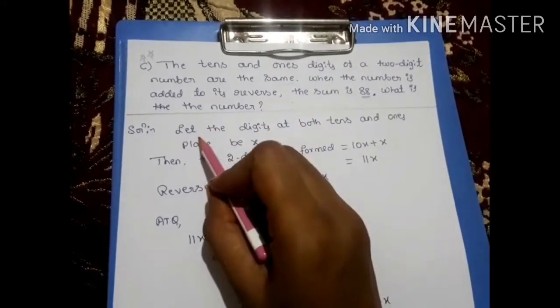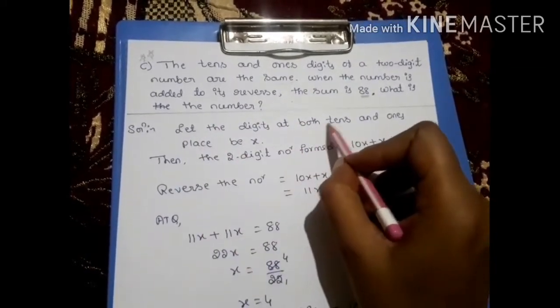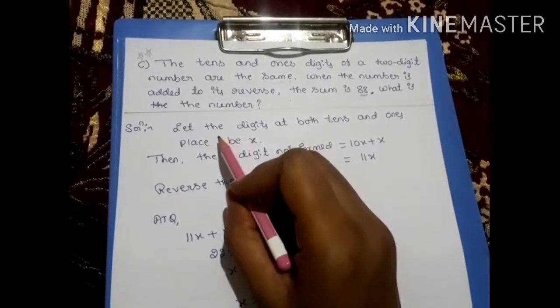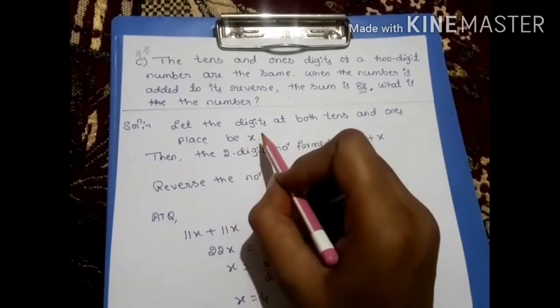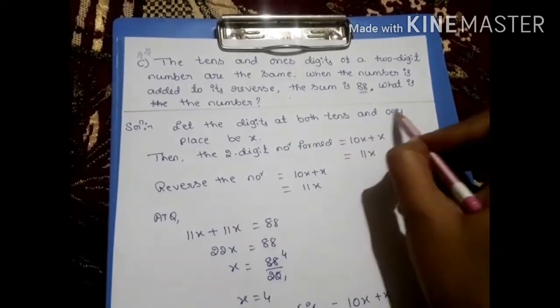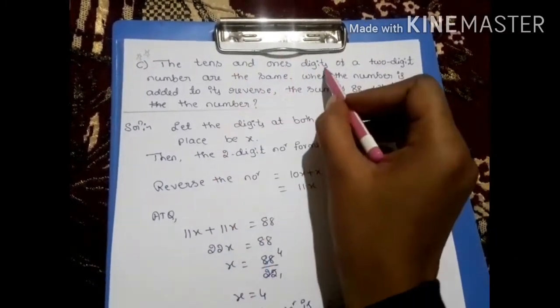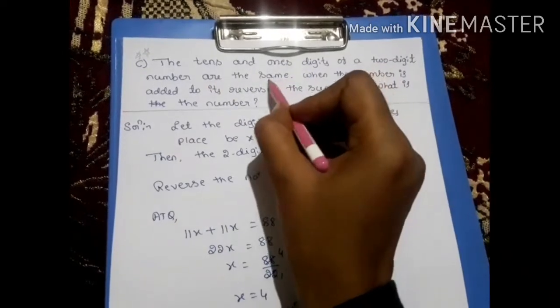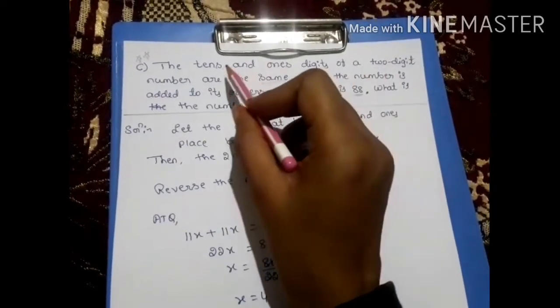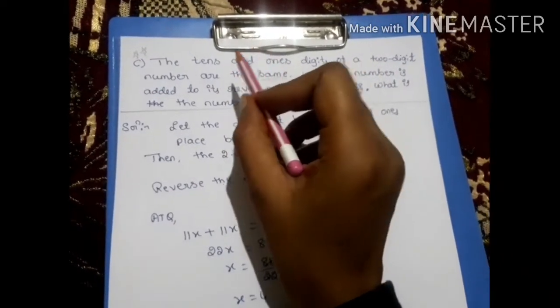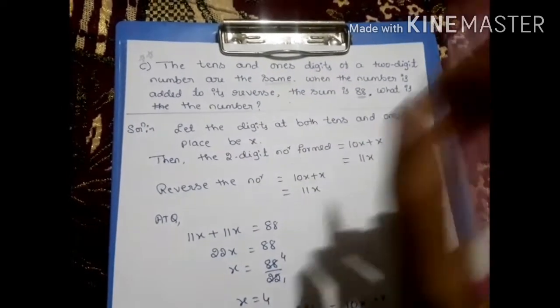Okay, first consider, let the digit at both the tens place and ones place be x. Nothing but the tens and ones place digit be x, because they gave that the tens and ones digits of the two digit number are the same. So consider both the ones place digit and tens place digit to be x.